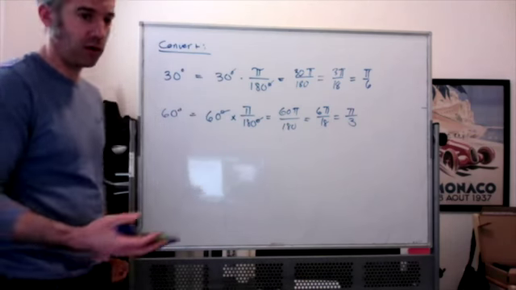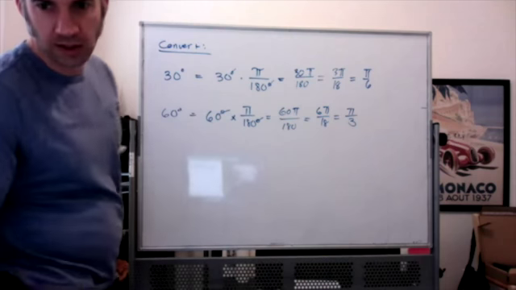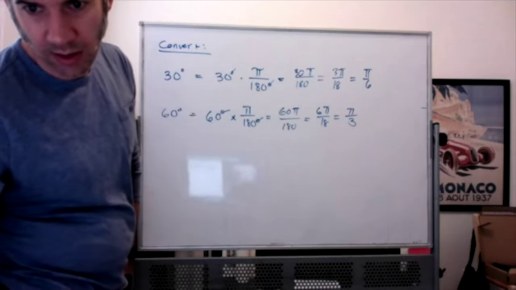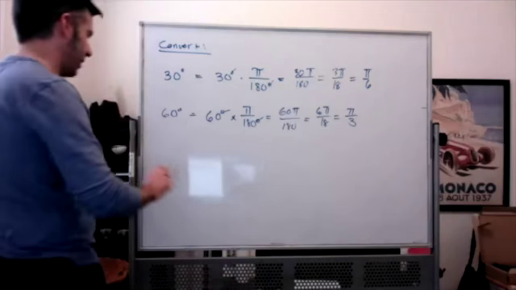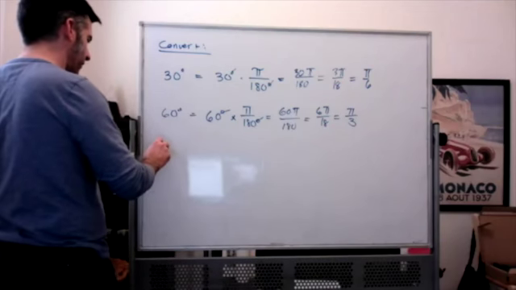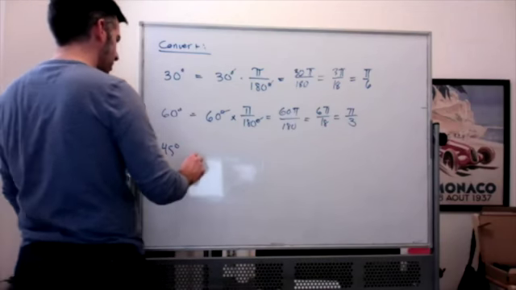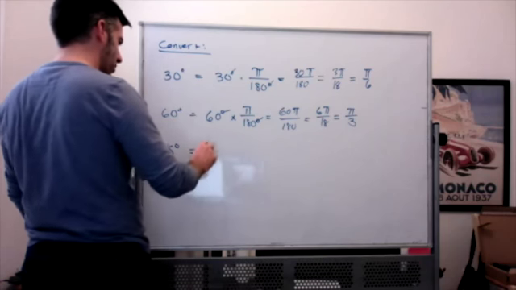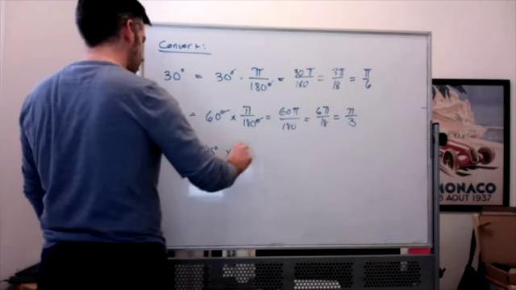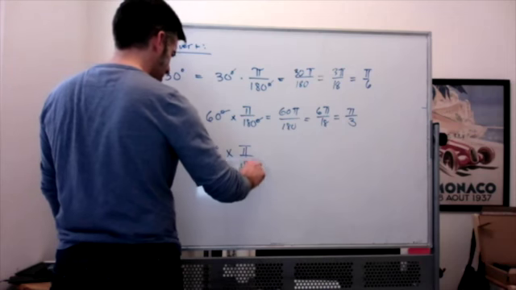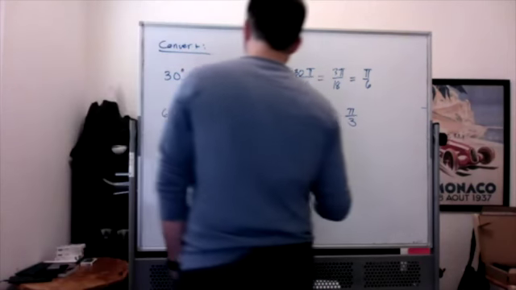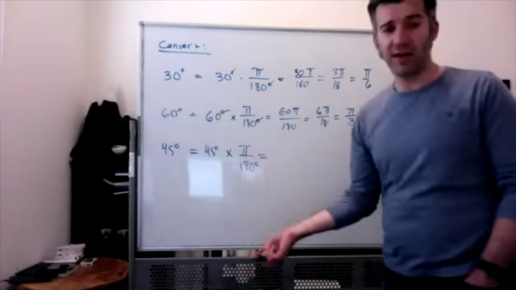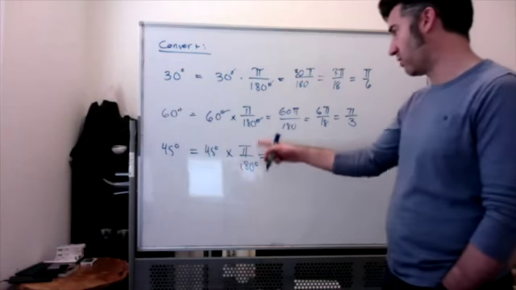Let's do a couple more. Say we had 45 degrees. So 45 degrees is equal to 45 degrees times pi over 180. I feel like you can start canceling right away. I don't need to write 45 pi over 180.